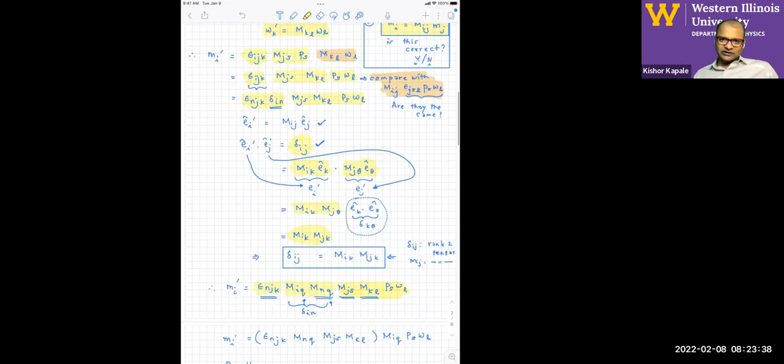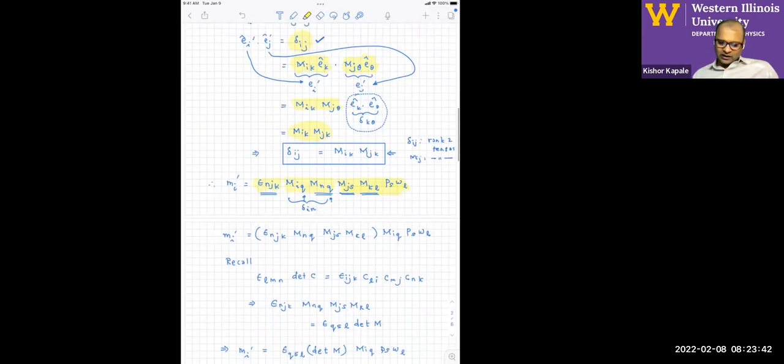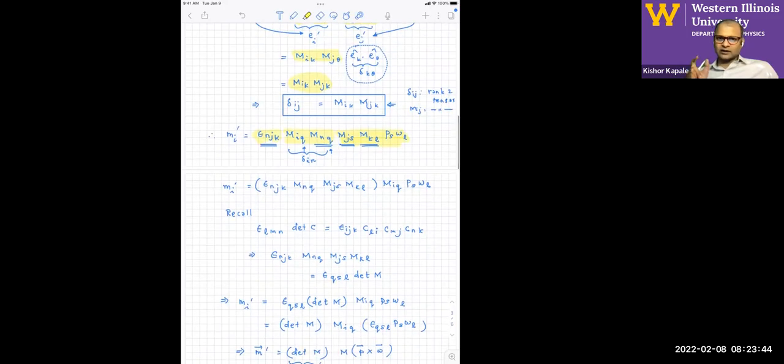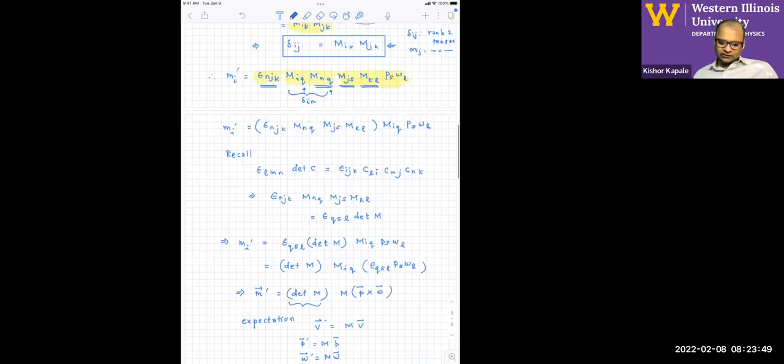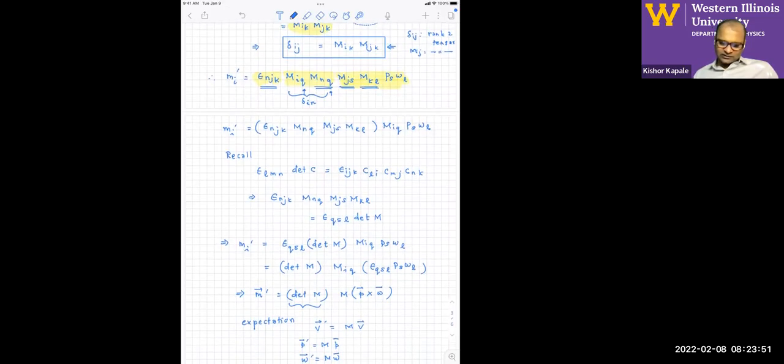We did simple manipulations, added the delta function, and then re-expressed that delta function in terms of the product of the two transformation matrices.